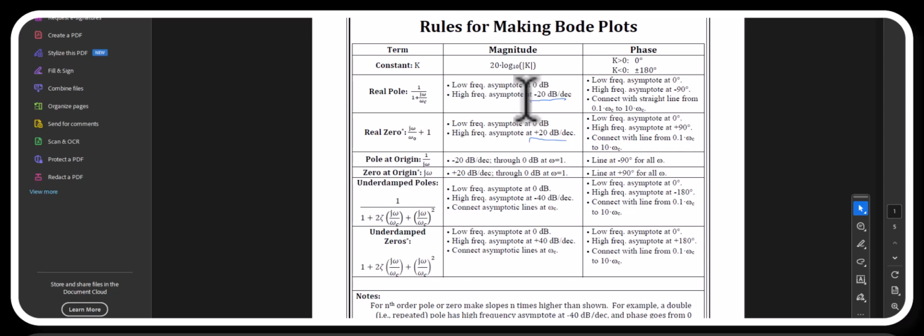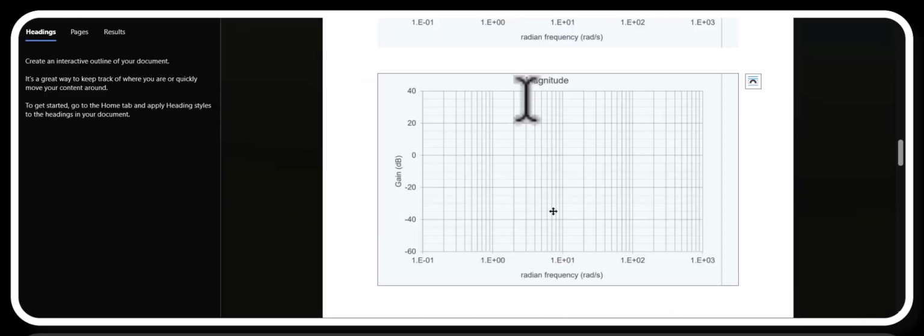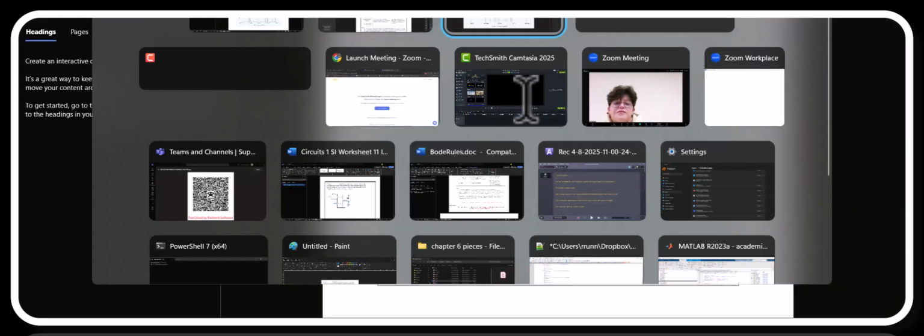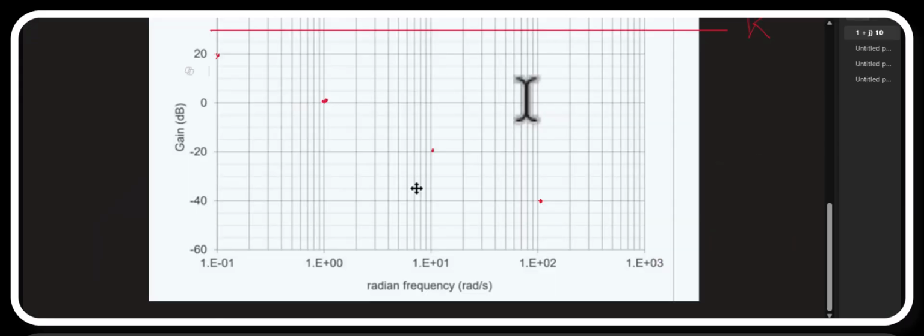So just for right now, you can just believe me that it is going to be a multiple of 20, and when my term is just to the first power, it is just going to be 20. So that is my pole through the origin.